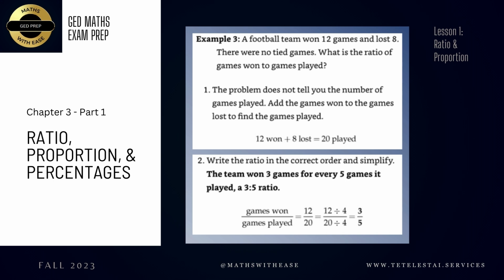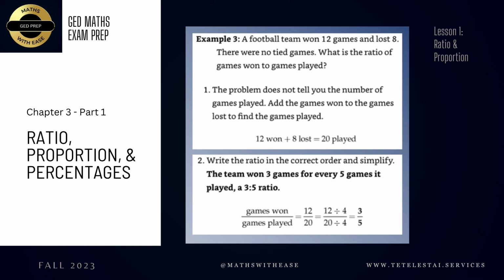Again, you want to present your information based on what the question is asking you. What is the ratio of games won? They've won 12, to games played, right? The problem doesn't tell you the number of games that were played. We just know that they won 12 games and lost 8, right?